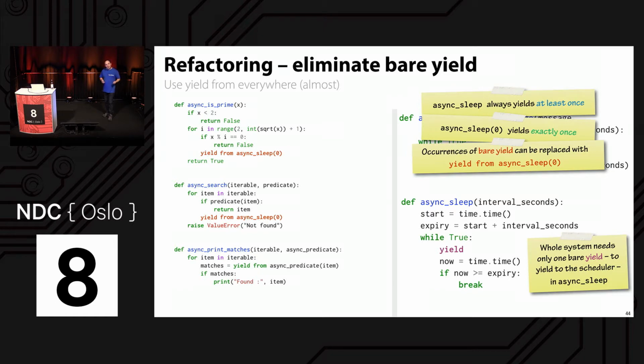And when we do that, it's important because now we have only one bare yield in the entire program, and that is buried deep inside async sleep. Right? That's an important quality. So we can have plenty of yield froms, but only one yield. So our other coroutines are now relying on async sleep.